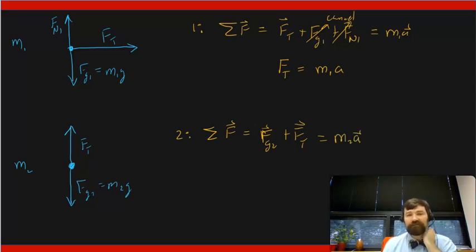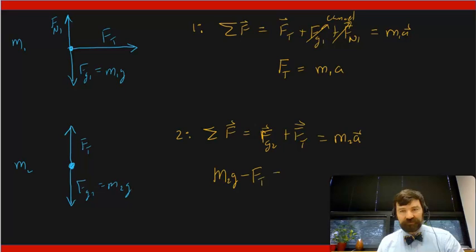And so by putting signs in, taking downward to be positive in this case, what we end up getting is m2 times g minus Ft is equal to m2a.